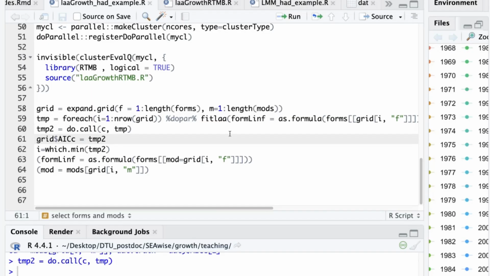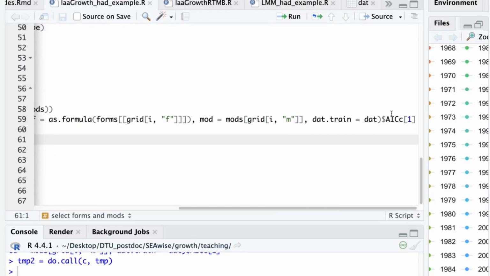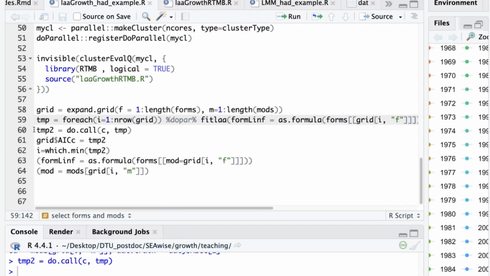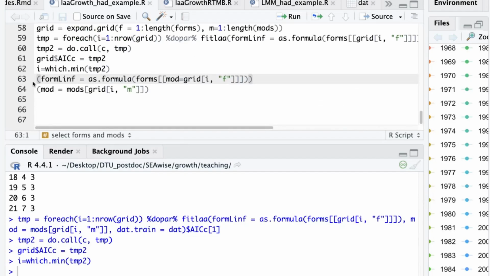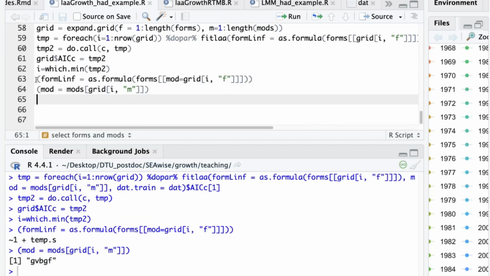What I'm taking out of these all is just the AIC. I'm not saving the model fits or anything, just getting the AIC so I can rank them. Then I'm looking at which gave me the minimum AICc, and this model formula combined with this shape gave me the best AICc.